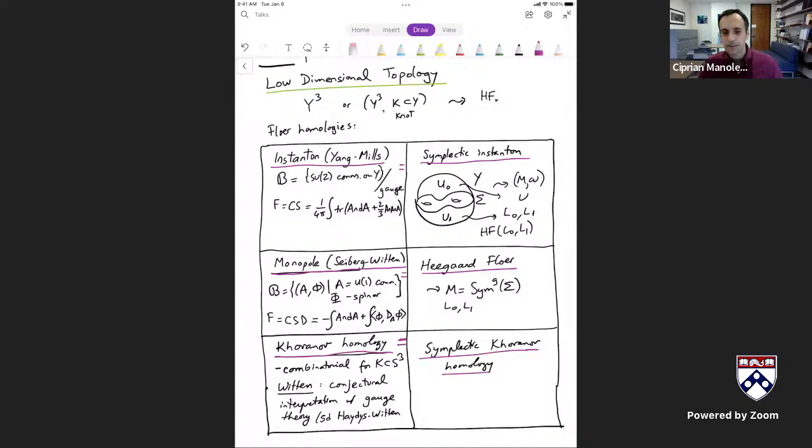So if you're trying to do this for non-abelian, then you would need to write down M and L0 and L1 as moduli spaces because you wouldn't have such an easy description. And even the U1 case is not understood in that way. It's just understood from the diagrams. But I expect for the PU2, you would have to actually understand the moduli space of these PU2 monopoles on handlebodies.